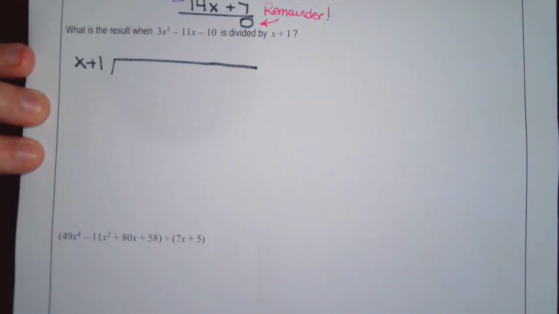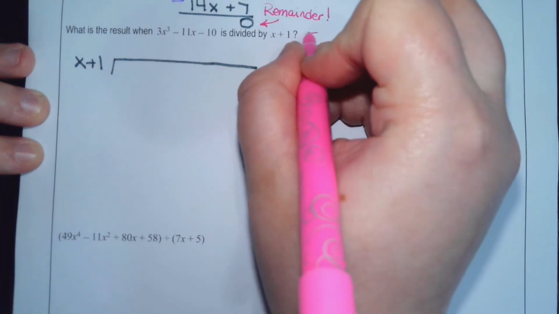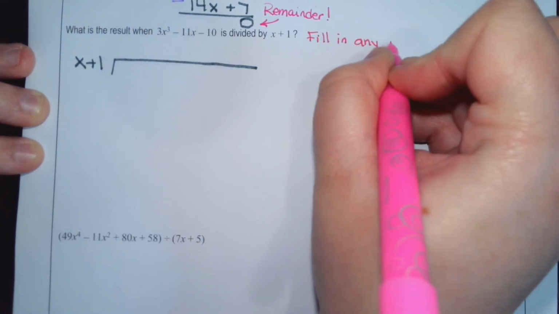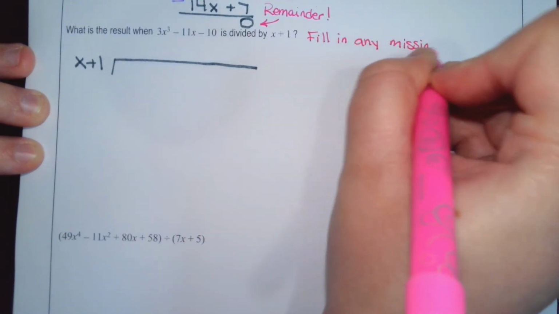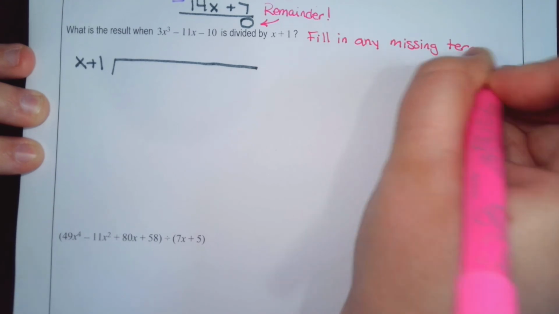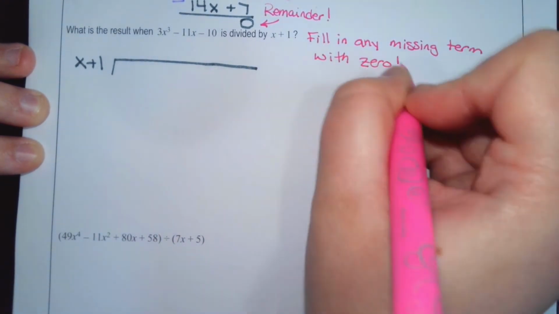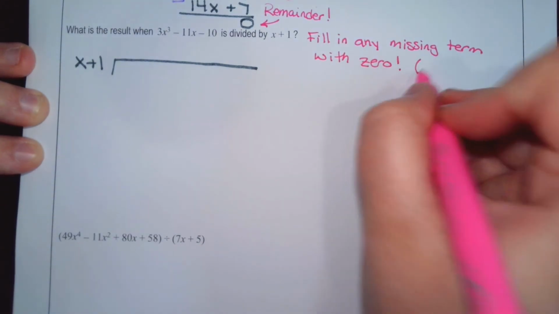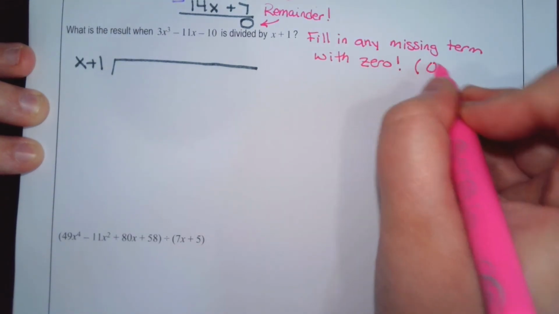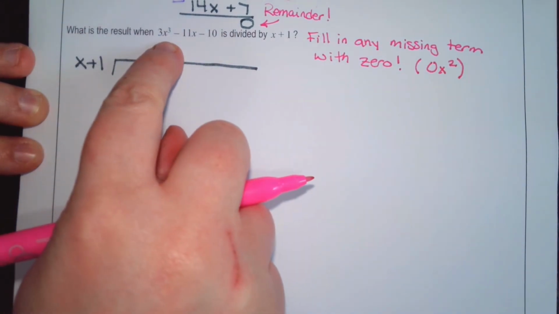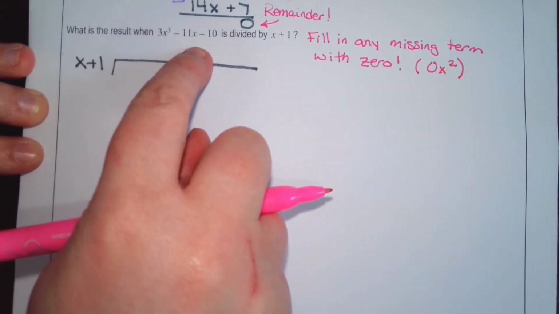You can't ignore that. So we need to fill in any missing term with 0. What I mean by that is we're going to be putting 0x squared in between 3x cubed and negative 11x.